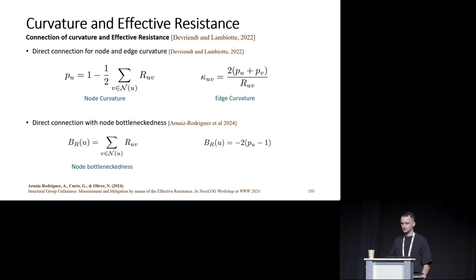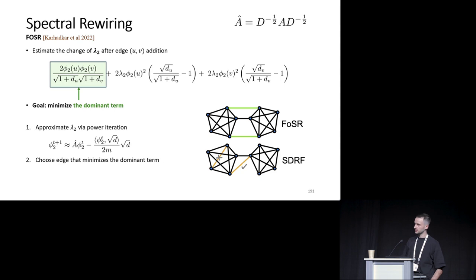And these two approaches, the previous ones, the curvature and the effective resistance, some paper of Brian Lambiot, they are connected. Actually, curvature and effective resistance are connected by these two curvature functions. Okay, and yeah, there's more spectral rewiring.